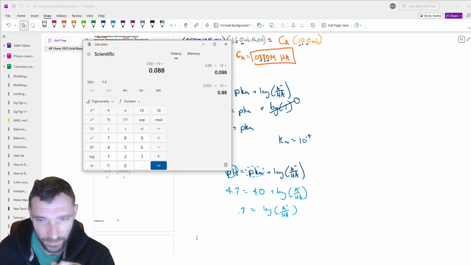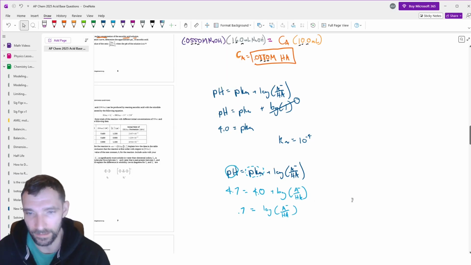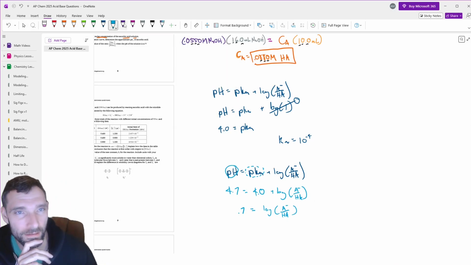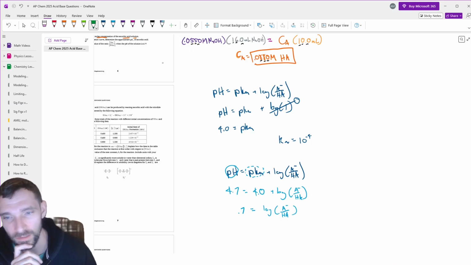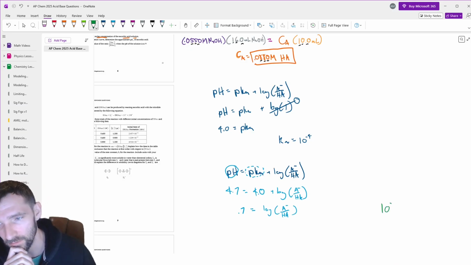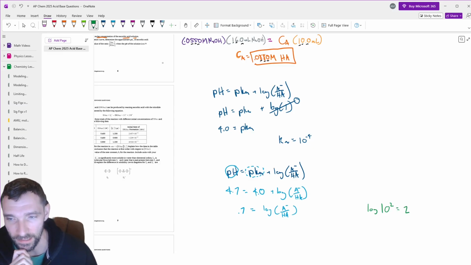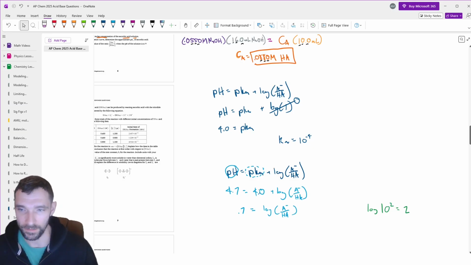And so we can take that 0.7 and, sometimes I have a hard time converting between these two, but I'll ask myself, okay, if I have 10 to the second power and I log that, what is that? That's 2. So we're basically saying what is going on when you take 10 to the 0.7 power.